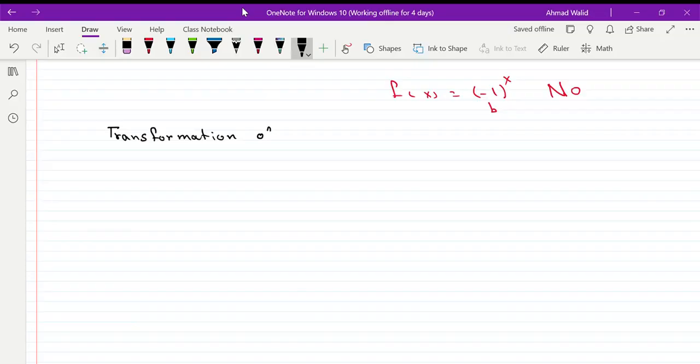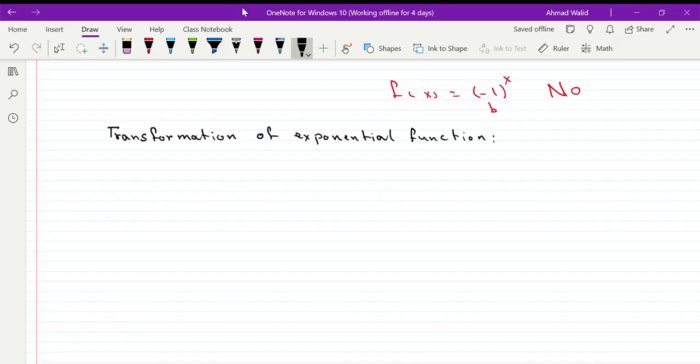Transformation of exponential functions. I will give you just here the cases. I will maybe graph one of them for you because we already discussed what is transformation or translation. Here I'll just show it for you in a table, correct?